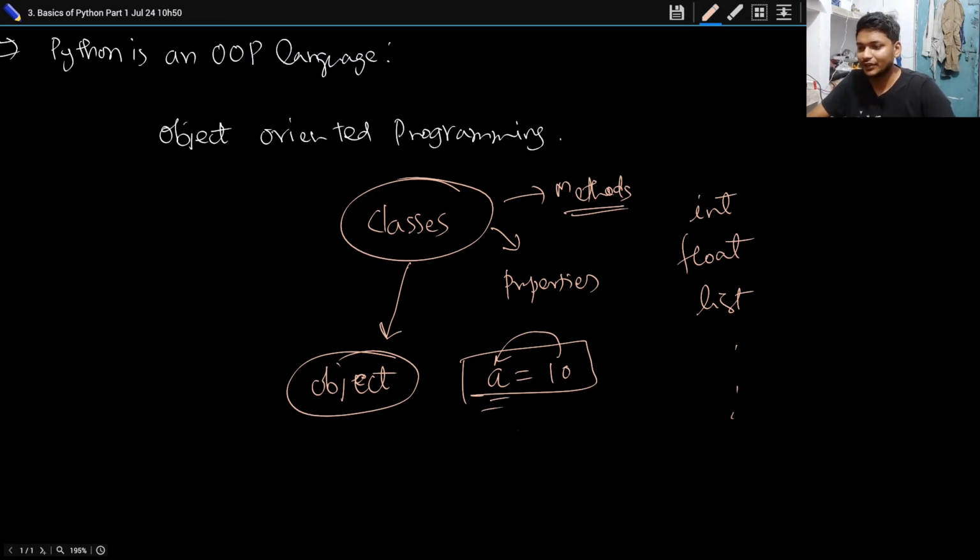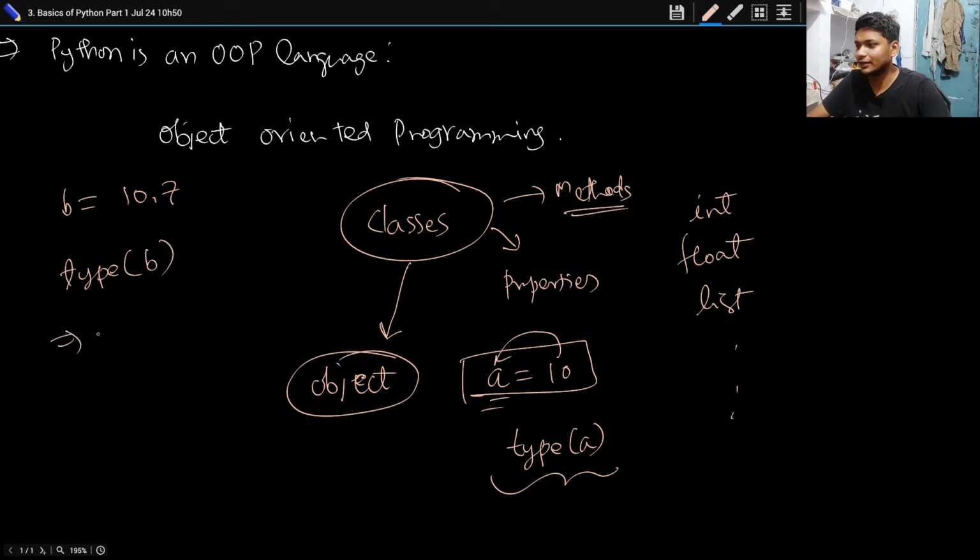You can find that out by typing type a, and it will tell you what kind of class your a has. Similarly, say I want to create a floating number, I write b equals 10.7, then in this case b is now of float type. Whenever you type type b, you will see that it tells you that it is float data type. So that was a basic introduction.